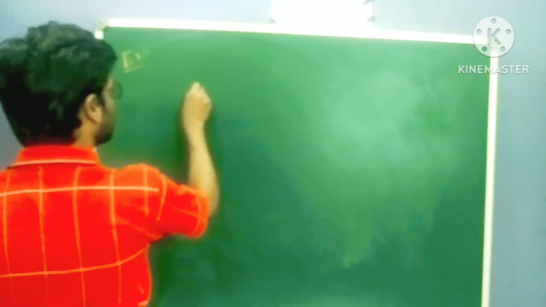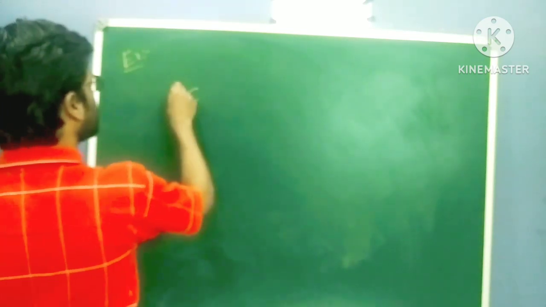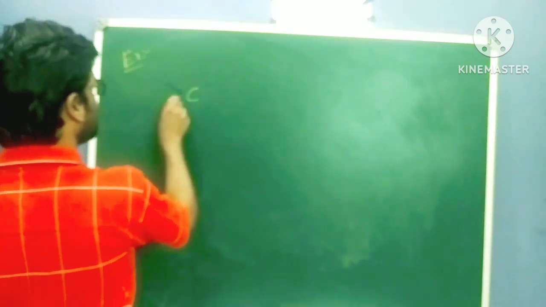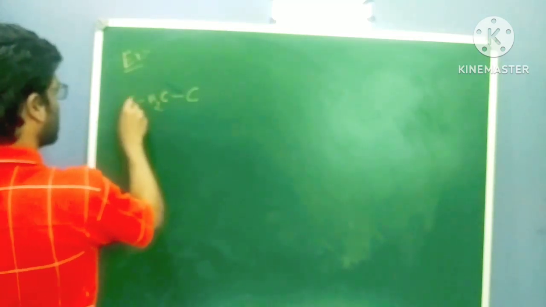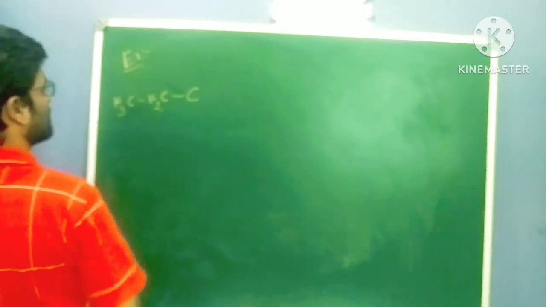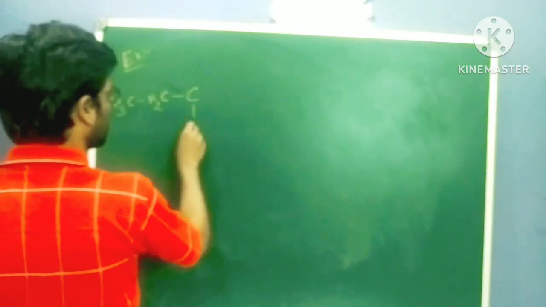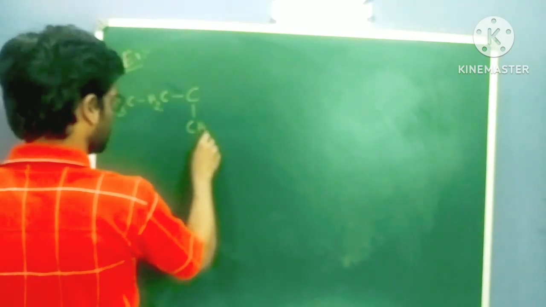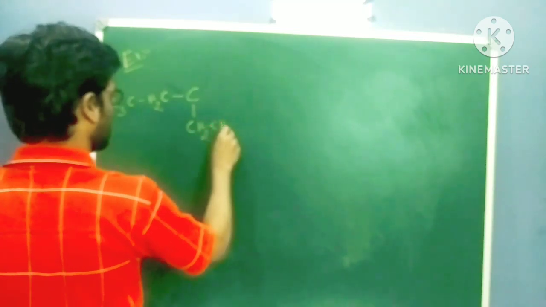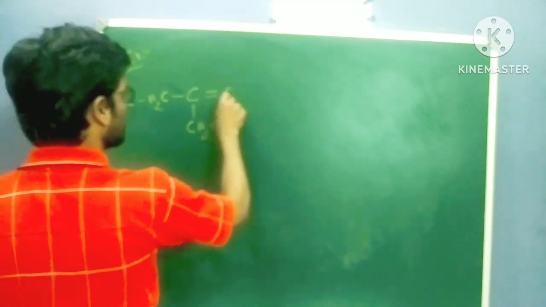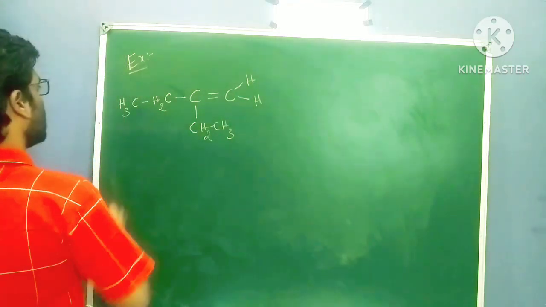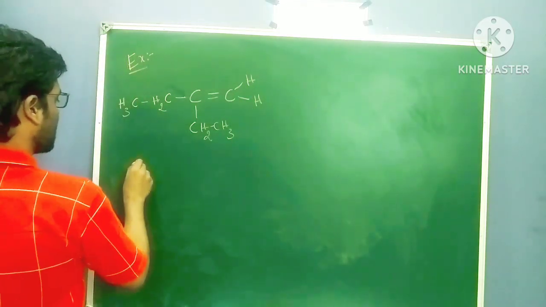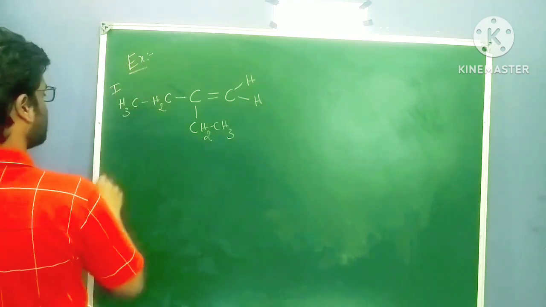First of all, I'm giving one example: CH2CH3, here CH2CH3, double bond CH2. This is one example.